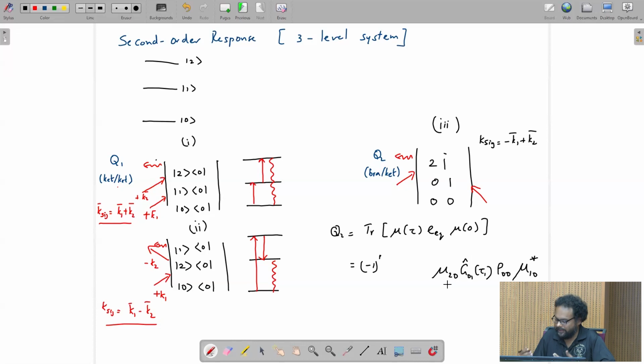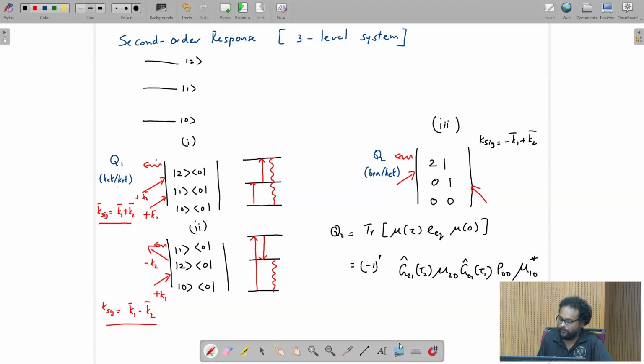And now I need to evolve it. So I have another evolution, G 2-1 of tau 2.